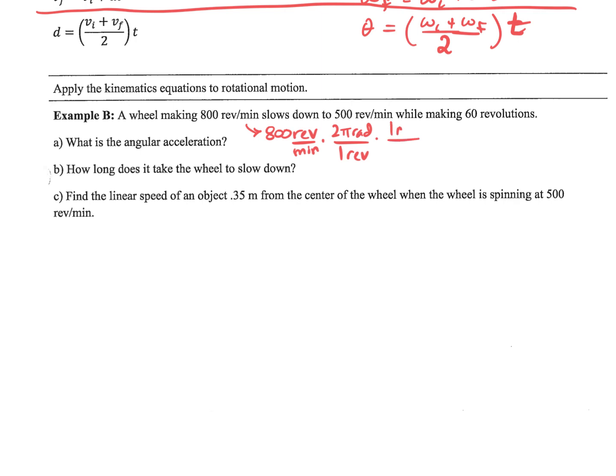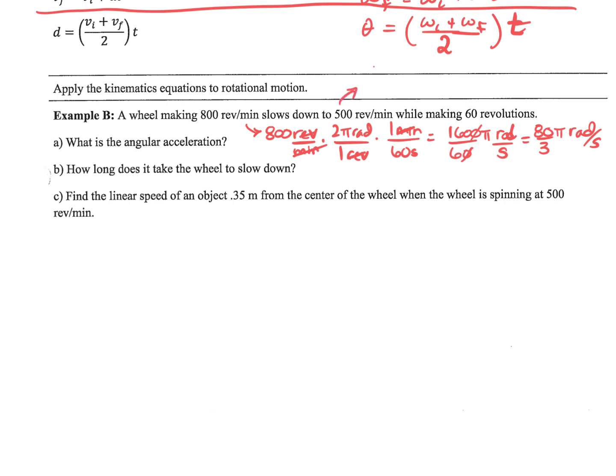And in 1 minute, there are 60 seconds. So we end up with 1600 pi over 60 radians per second. Get rid of a 0, divide by 2, we get 80 pi over 3 radians per second.